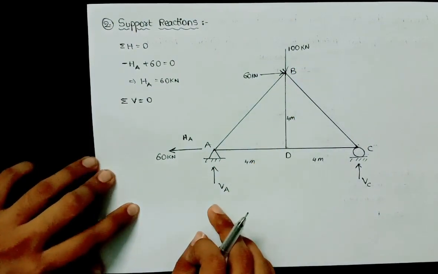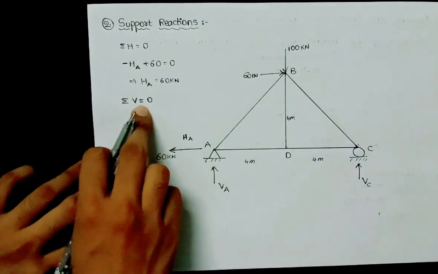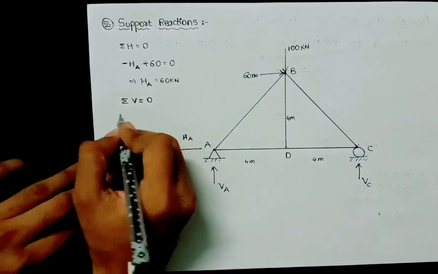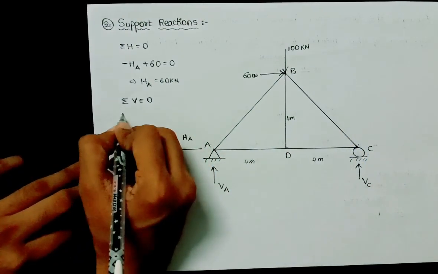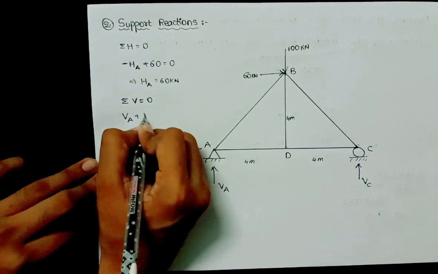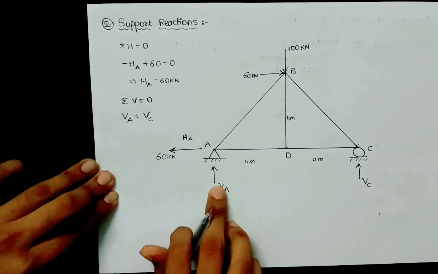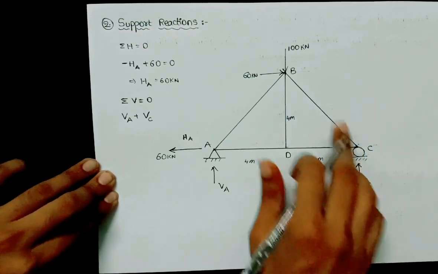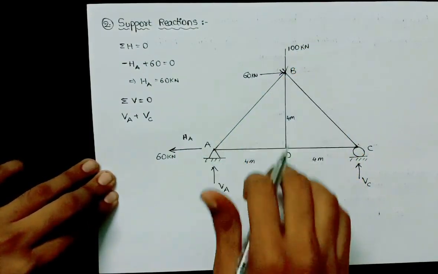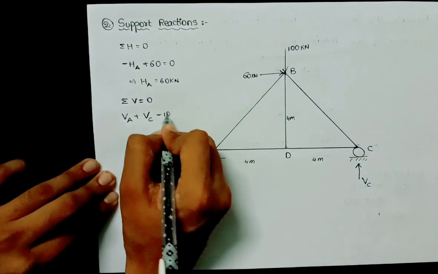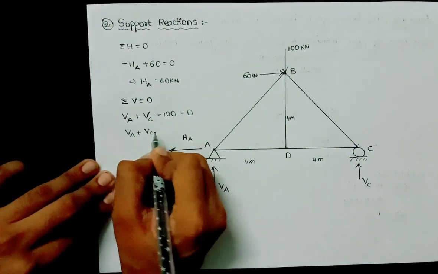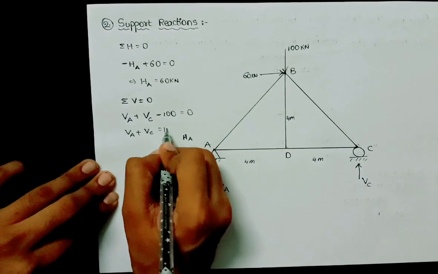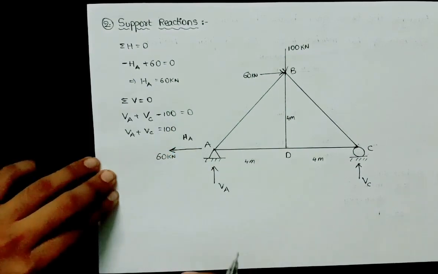These both are in upward direction. So upward direction positive, plus VA plus VC, and this 100 kilonewton is acting downward, so minus 100 equal to 0. Therefore I got one relation: VA plus VC equal to 100. So this is one equation.